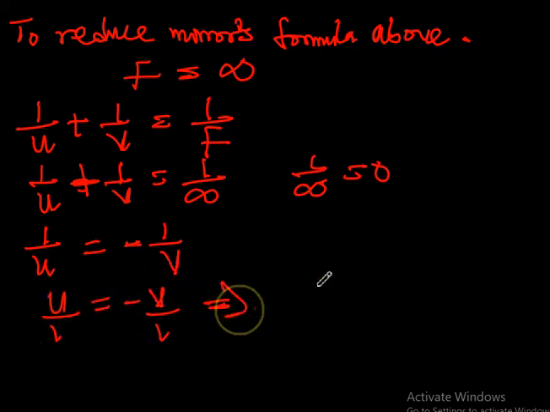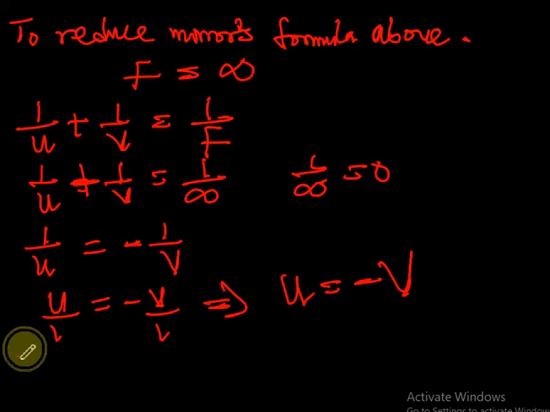That shows that u is negative v. So what are we trying to say here? The negative sign indicates something virtual. So that means a plane mirror, which has the object to be real, produces a virtual image.